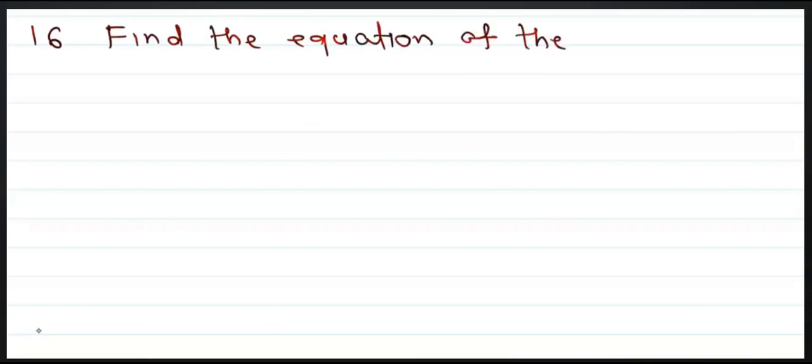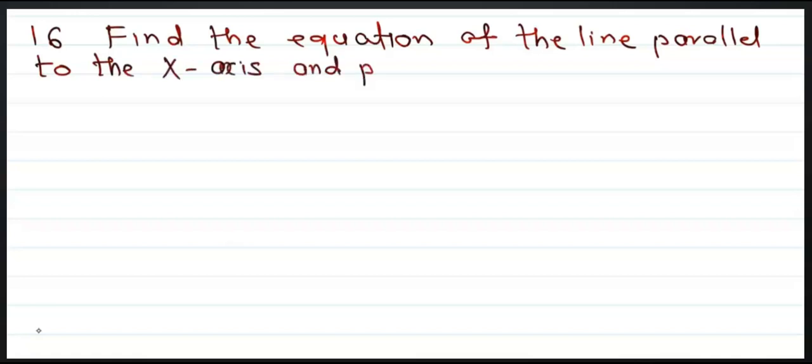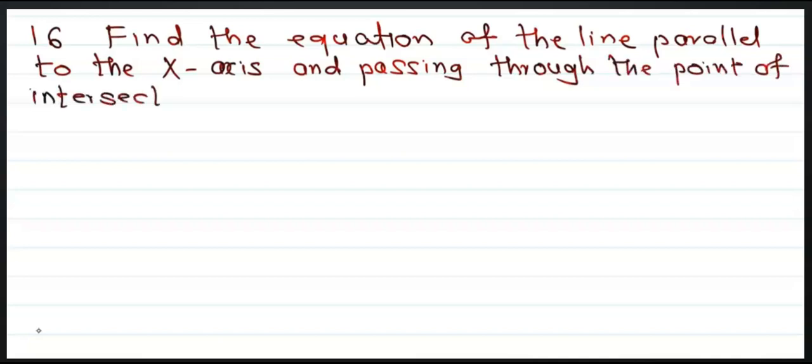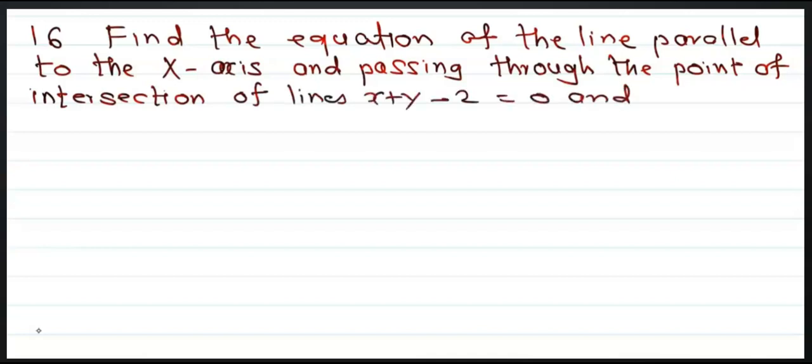Find the equation of the line parallel to the x-axis and passing through the point of intersection of the lines x + y minus 2 = 0 and 4x + 3y = 10.